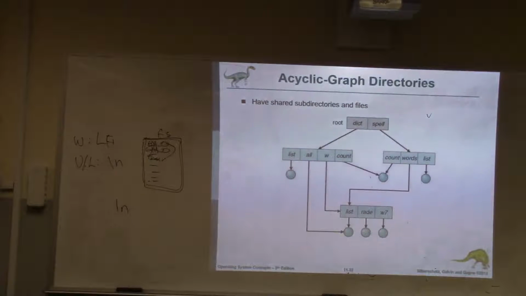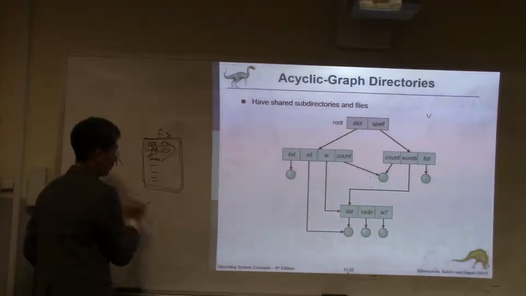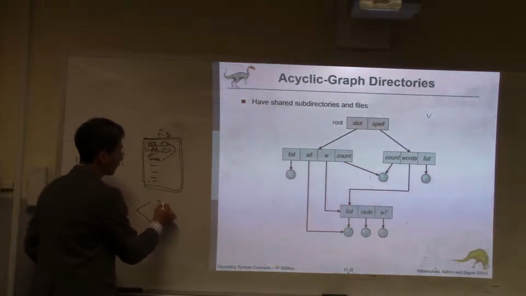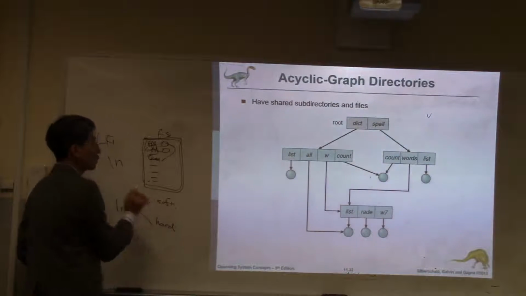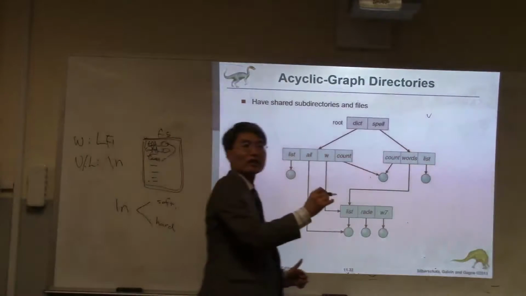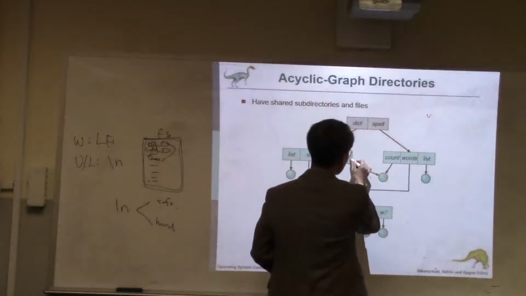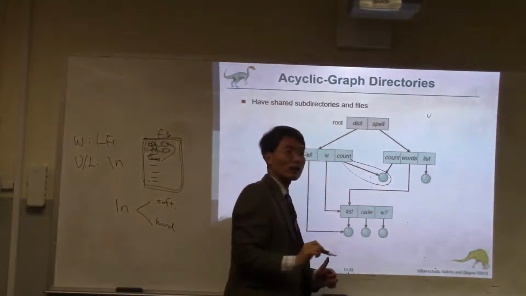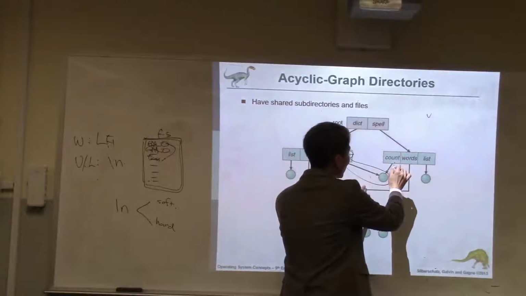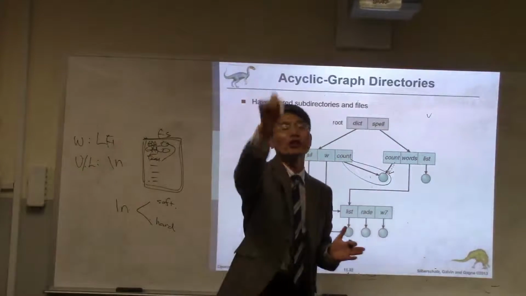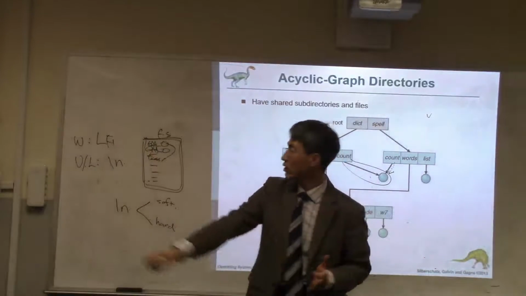There are two types of link in the Unix system. One is a soft link, another one is a hard link. A soft link is just a link, like the shortcut in Windows. This one belongs to here, actually created under the count, but from this count, you have just a pointer. That is a soft link.